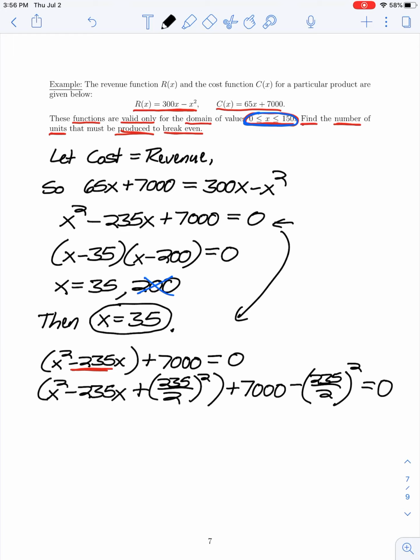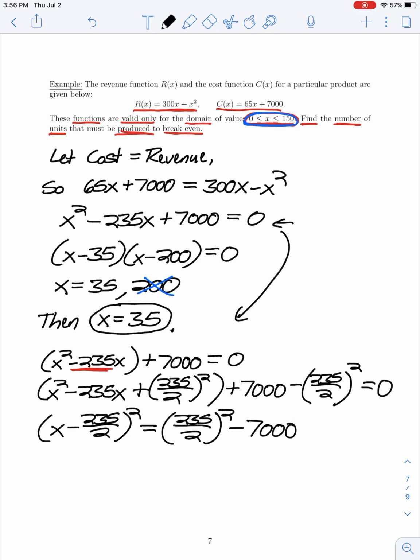So from here, we could rewrite this as x minus 235 over 2 quantity squared. That would then be equal to 235 over 2 squared minus 7,000.